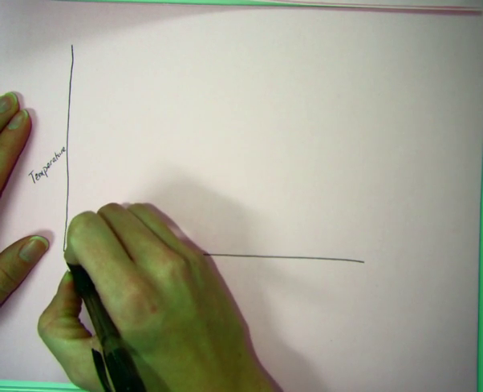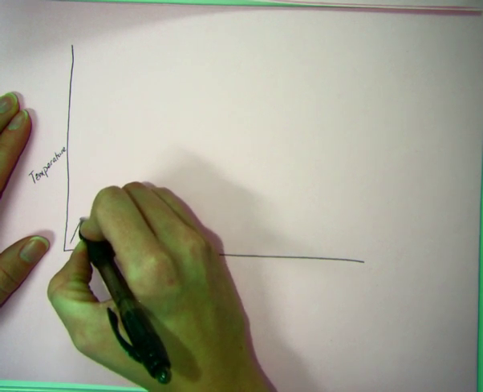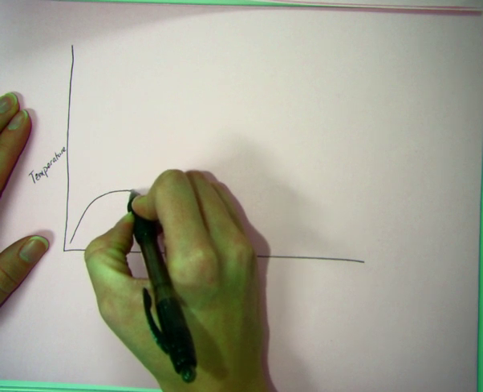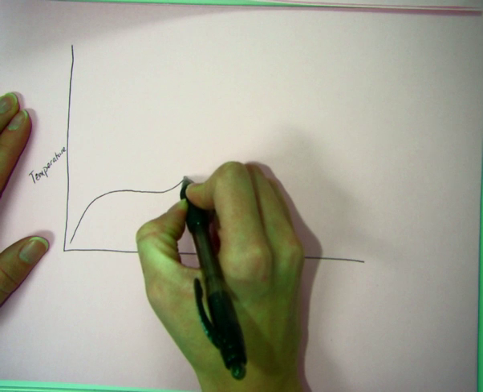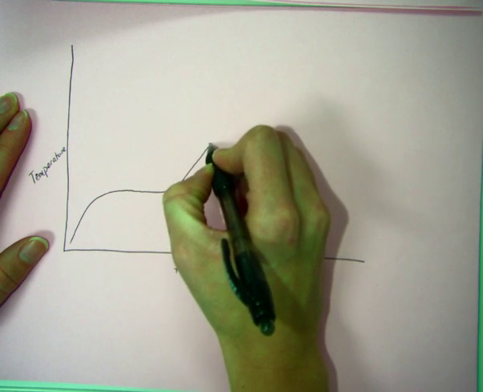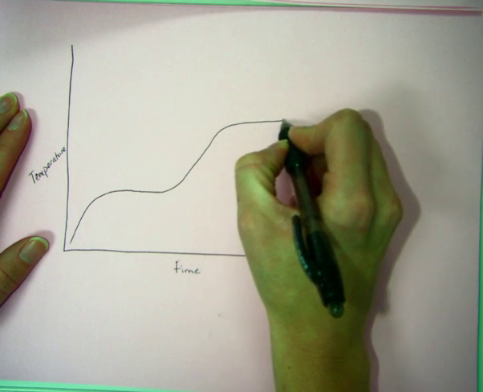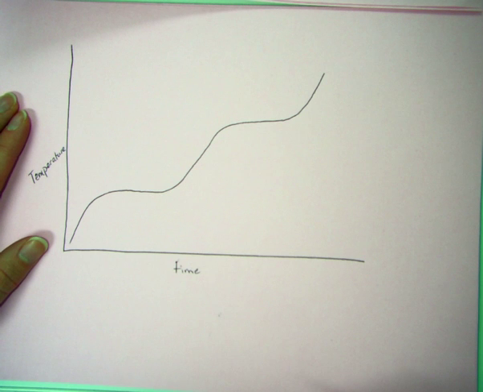And we watch, if we take a solid below the freezing point and heat it up, we will come up with a graph like this. As it starts to melt, it'll level off, and then once it's all liquid, it'll start heating up again. And as it starts to boil, it will level off, and once it's all gas, it will heat up again.